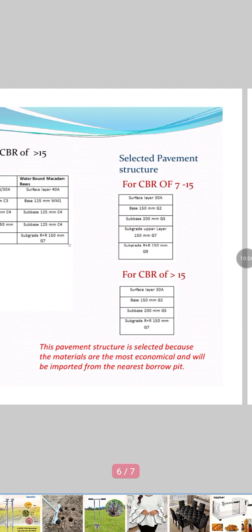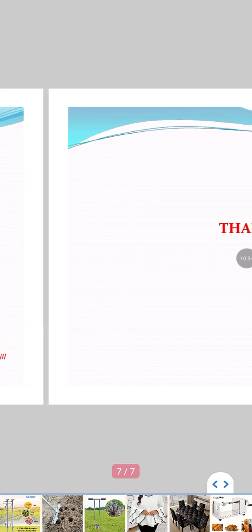Surface layer 30 asphalt, base 150 mm G2, sub base 200 mm G5, and then the subgrade of 150 G7 and rip and recompact 150 G9 for a CBR of 7 to 15, or if the CBR is greater than 15, we're going to put a subgrade of rip and recompact 150 mm G5.